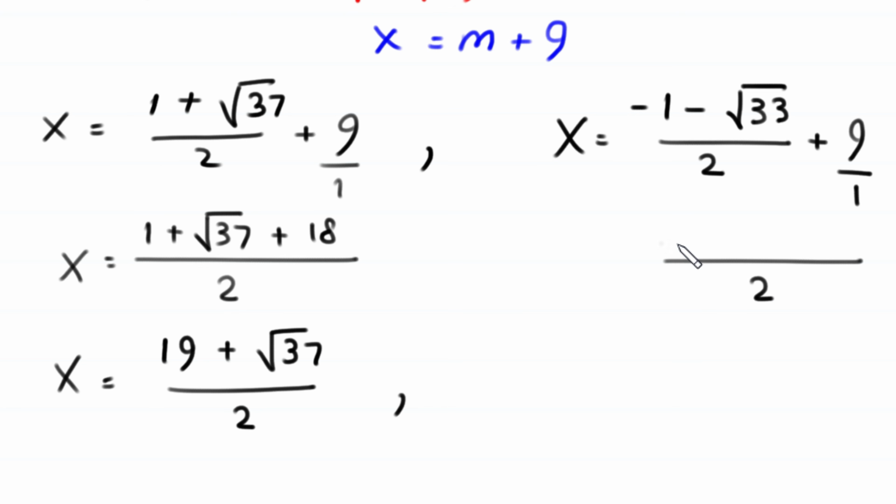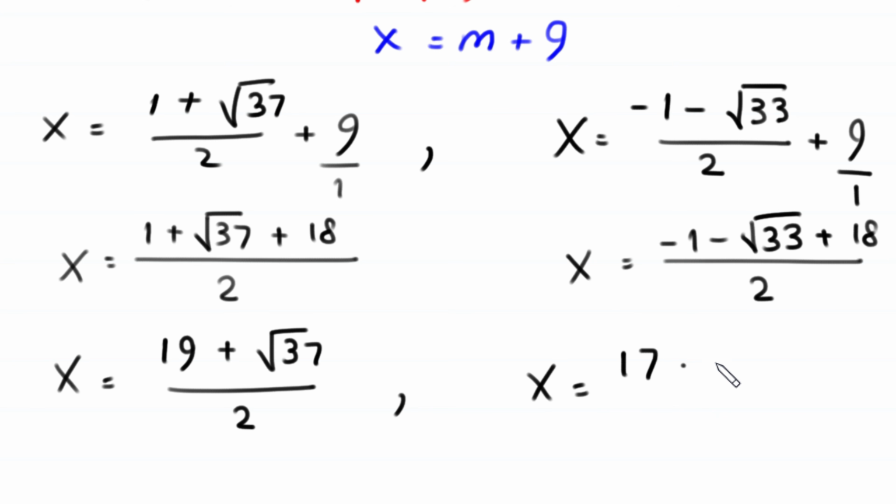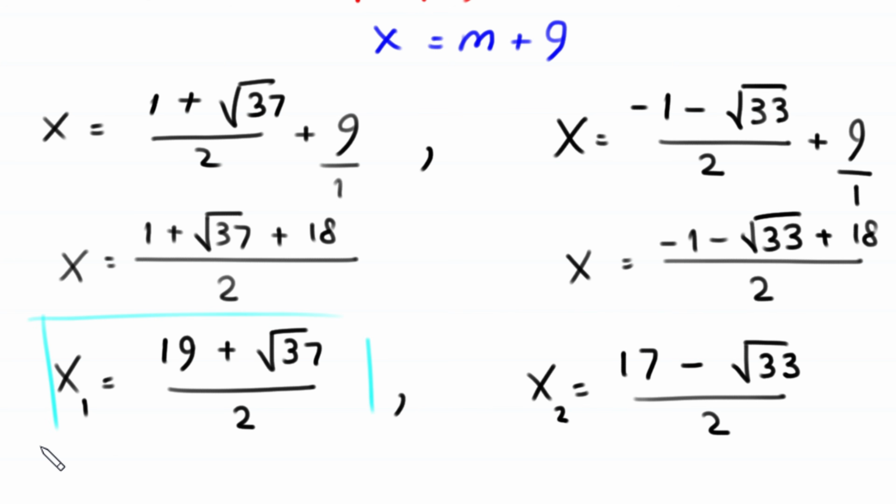This will become negative 1 minus root 33 plus 18. Further simplify, this will become x is equal to 17 minus root 33 divided by 2. This is first and this is second, so we have two solutions for this equation: 19 plus root 37 over 2 and 17 minus root 33 over 2.